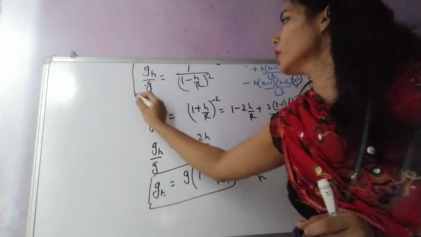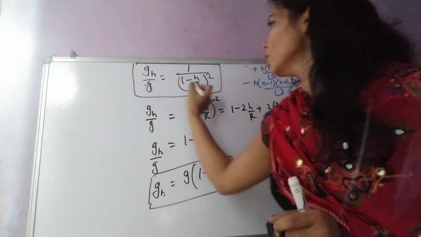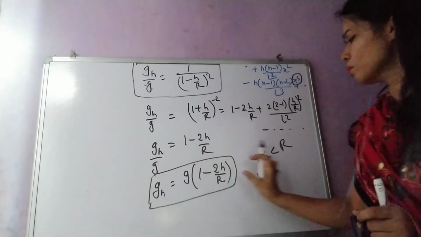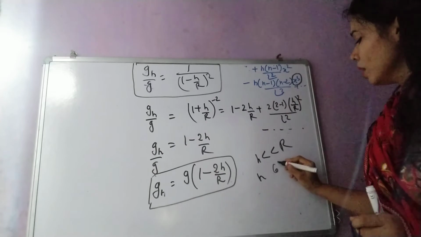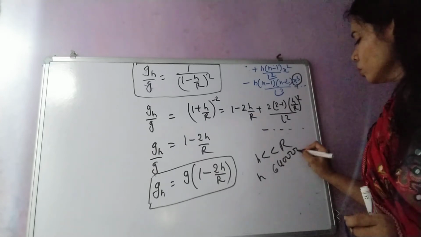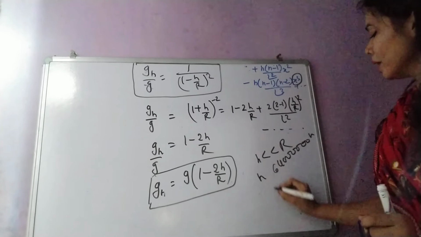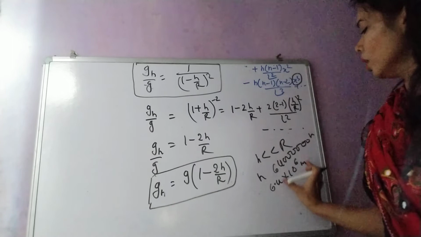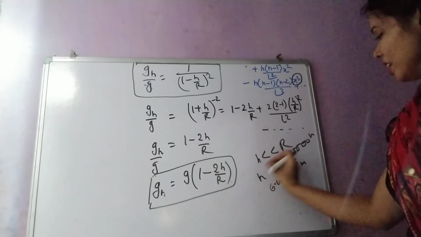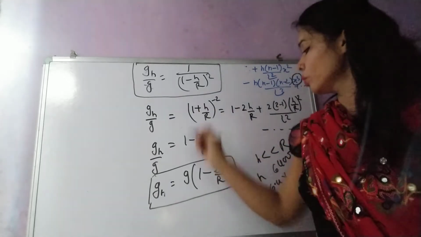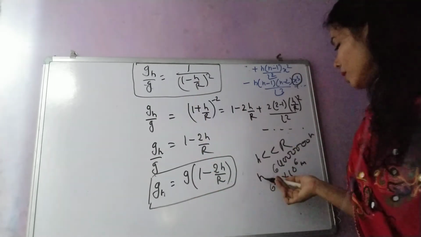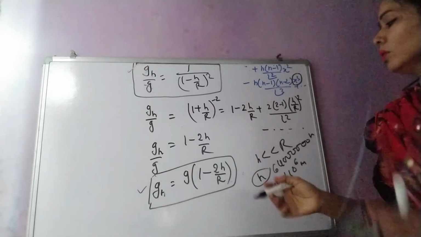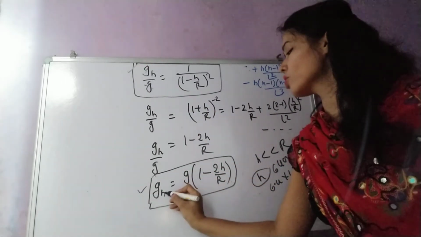So if h has a large value, you will use this formula for the numericals. But if h is very small as compared to the radius of Earth, which equals 6400000 meter, that is 6.4 into 10 to the power 6 meter, then you will use the other formula. So these are the values of gravitational acceleration at certain altitude.